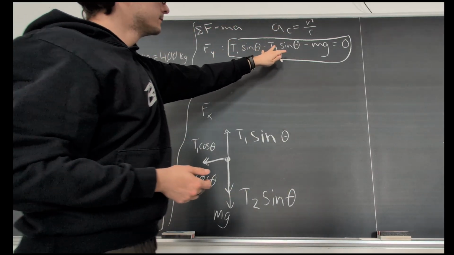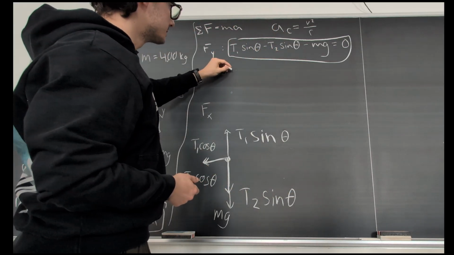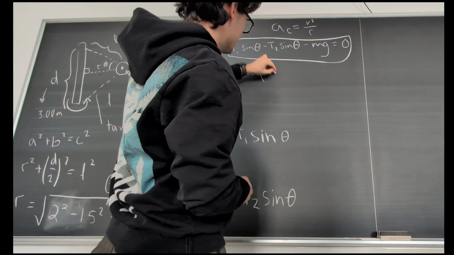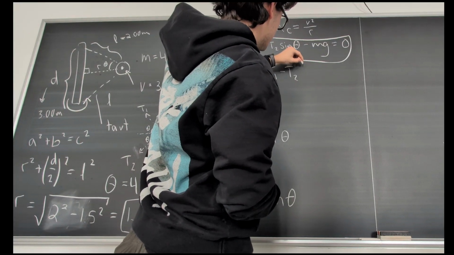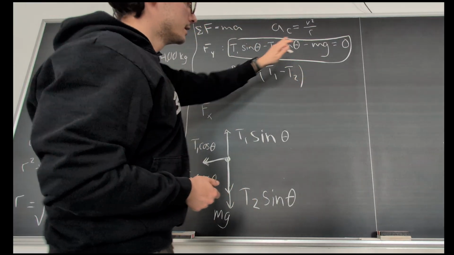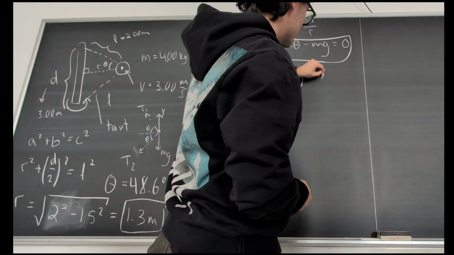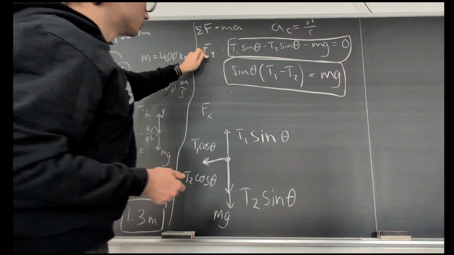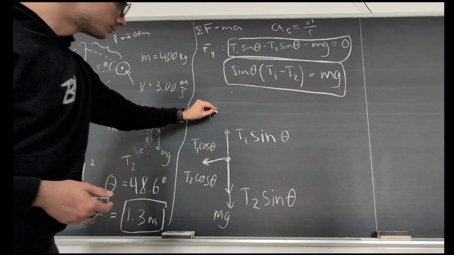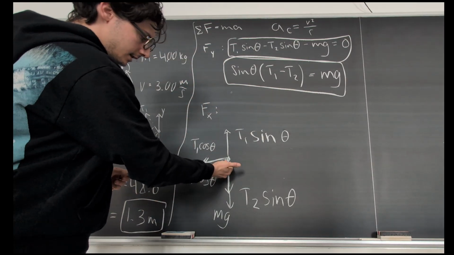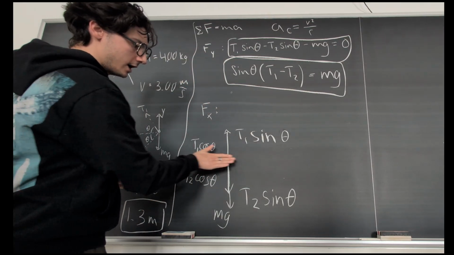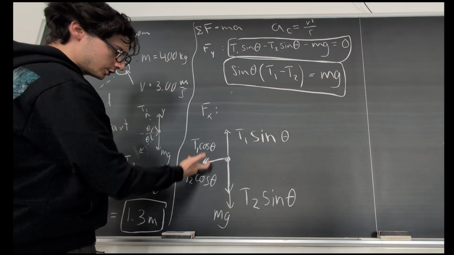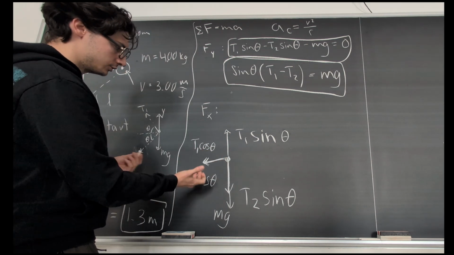You can maybe simplify it a bit by factoring out the sine theta, T1 minus T2, and then move the mg to the other side: equals mg. So this is an important equation for the y direction. For the x direction, let's say this is the positive x-axis. Normally we have the positive x-axis here, but since both of our forces are pointing this way, I'm going to make this the positive so I can add these two together.